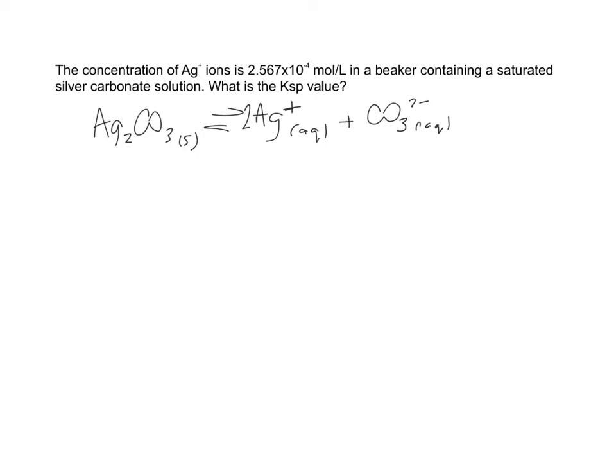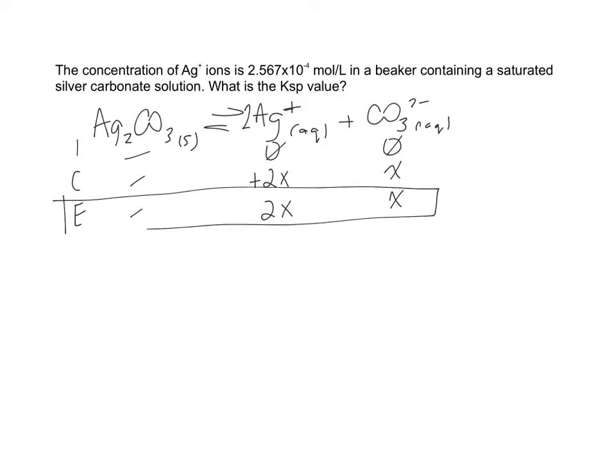So initially, change and equilibrium. So solid, solid, solid. 0, 0, plus 2x, plus x, 0 plus 2x, 0 plus x. So this is our line that goes into our K expression table.